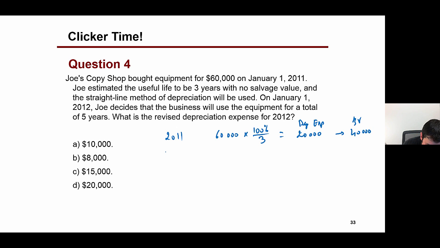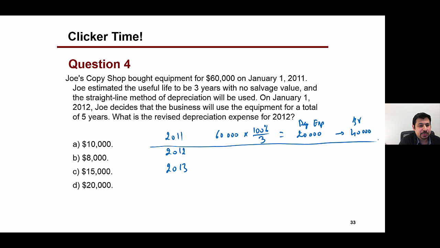On January 1st, 2012, originally it was supposed to be serving for 3 years, but here the company decides to increase it up to 5 years. So we also have a total of 5 years.